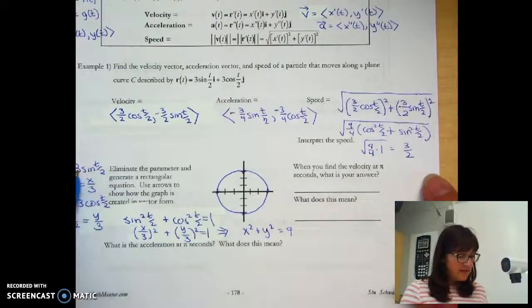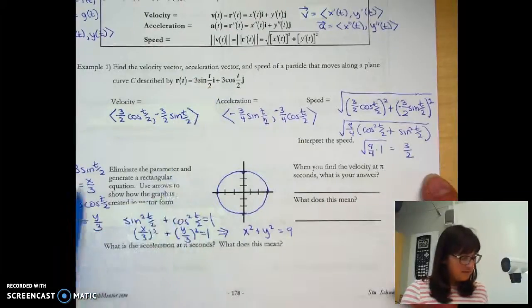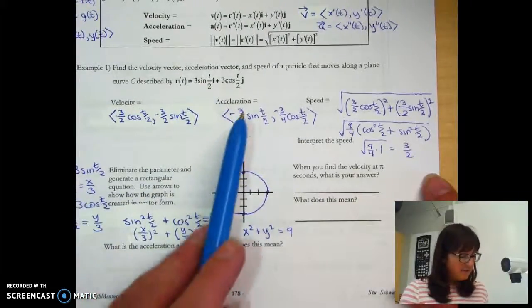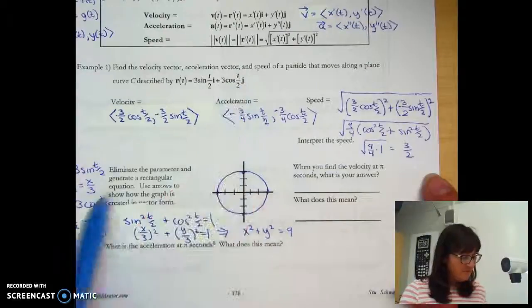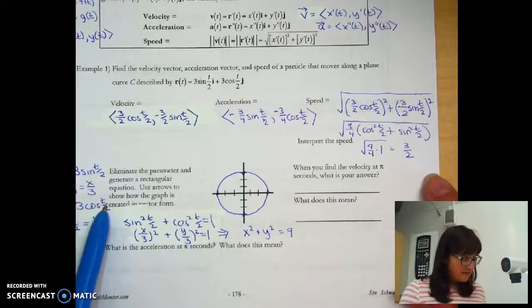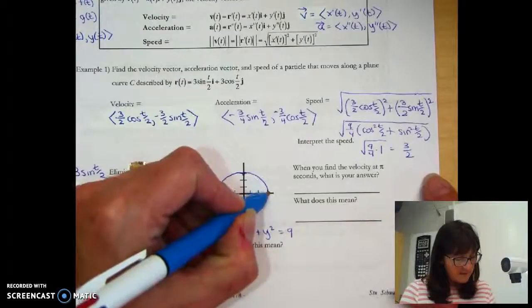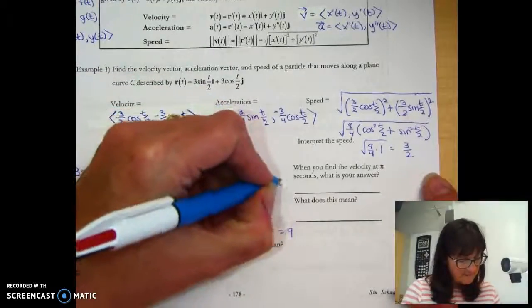And so that'll be, x is going to be 3. And up here, or down here. And if I put pi in for cosine, we're also going to get cosine of pi divided by 2, and that's 0, so the y value will be 0. So when t is equal to pi, we're going to be right here.